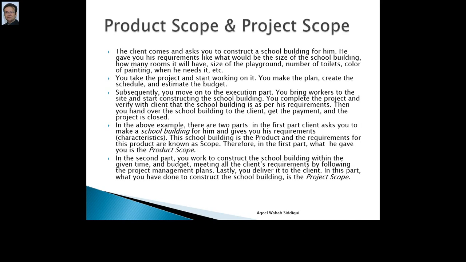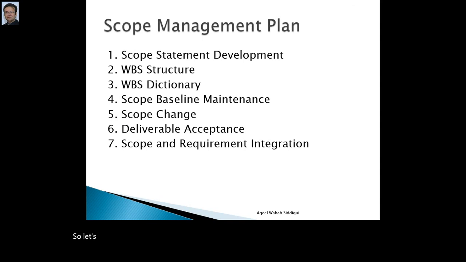So let's talk about the first official process of project scope management, and that is called plan scope management. To work on this process, in inputs, you need the project charter first, along with the project management plan.